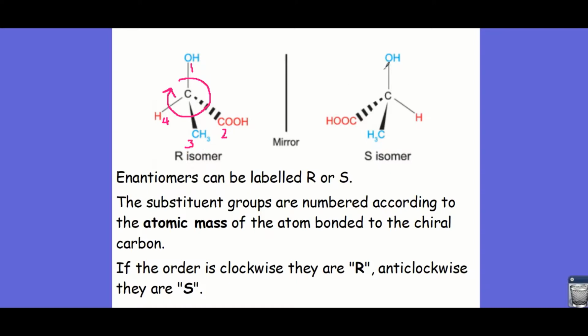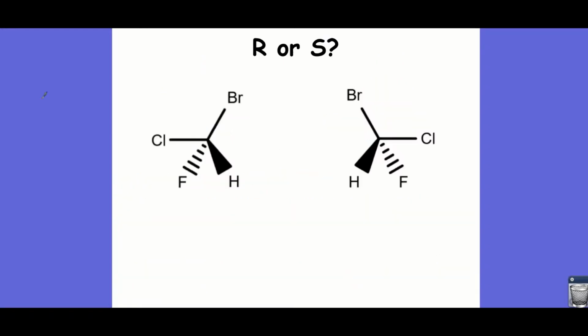If we look at the opposite, we'll number it the same: 1, 2, 3, 4. We follow that numbering in an anti-clockwise direction, so that is the S isomer. So here we have two enantiomers.